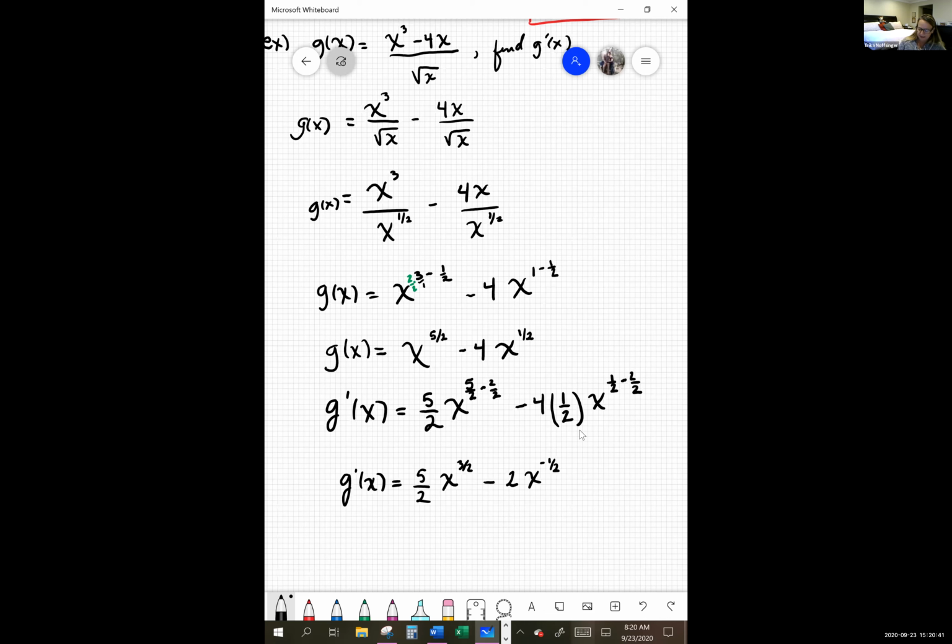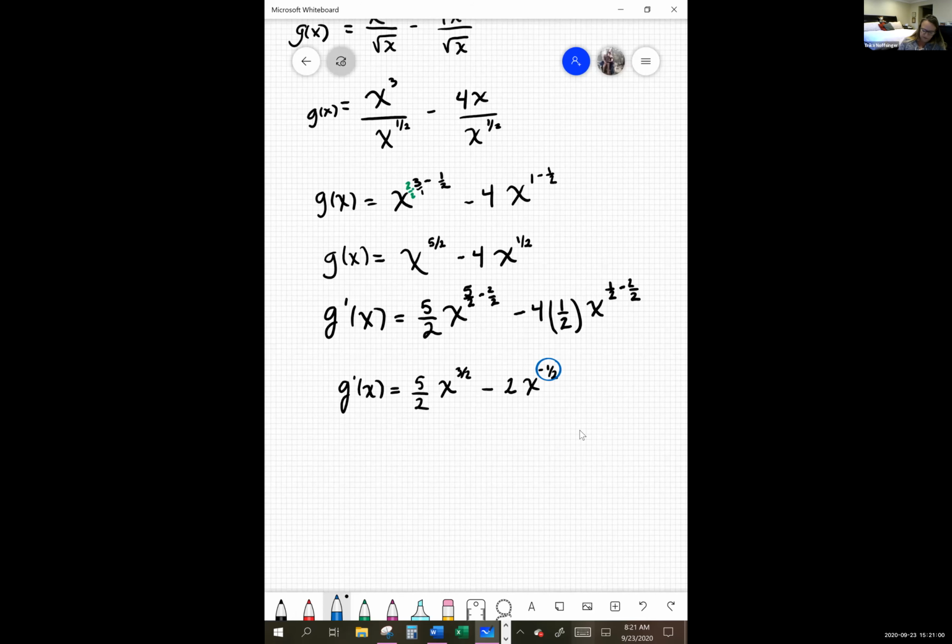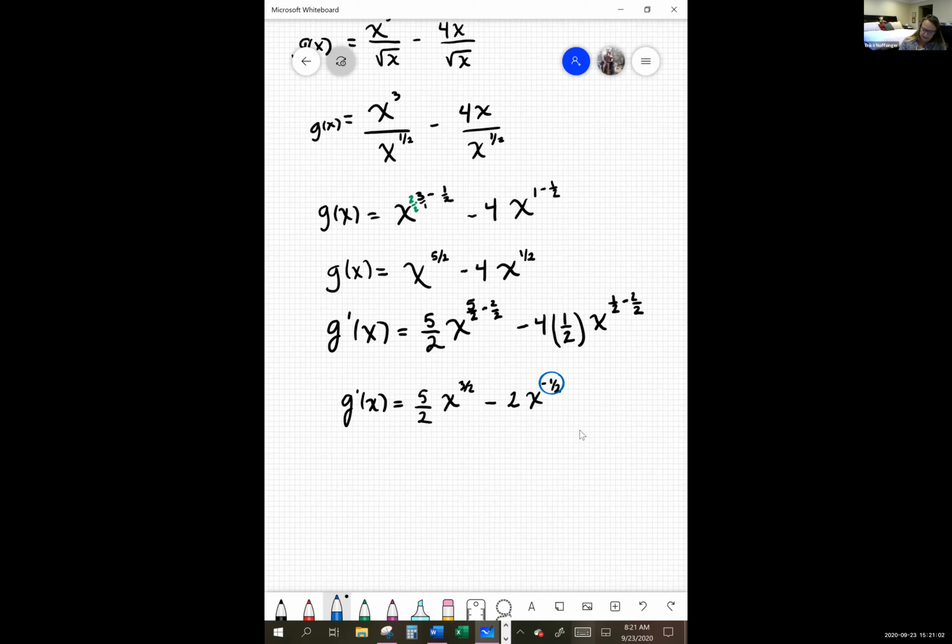Okay, so let's just rewrite this a little bit. Since we had started with a radical and it was in the denominator, let's rewrite this one. Did I rewrite the other one? No. So let's bring that down to the denominator to make that exponent positive.